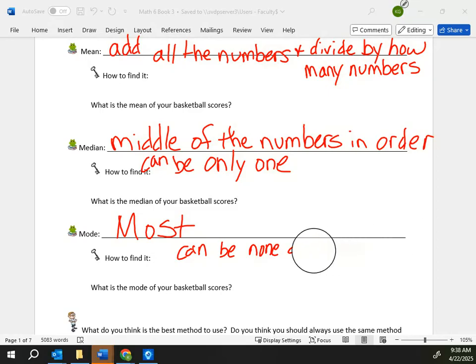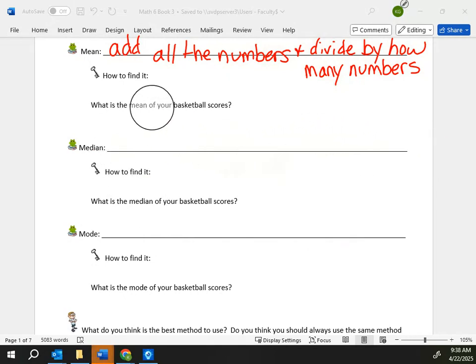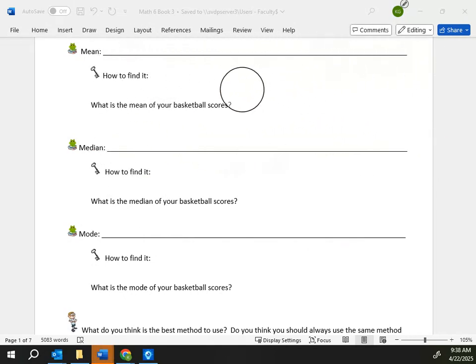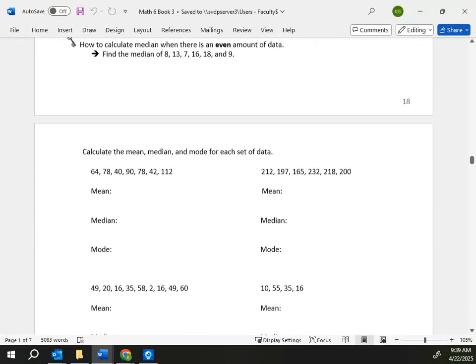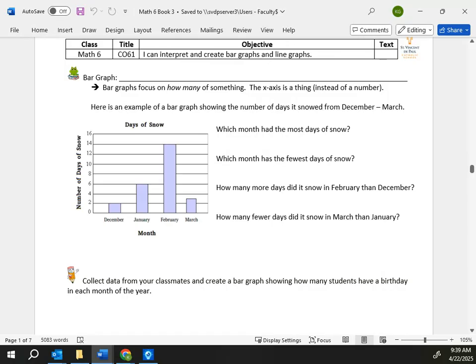All right, let's look at 61. Bar graphs and line graphs.